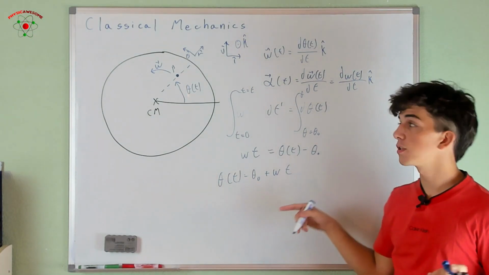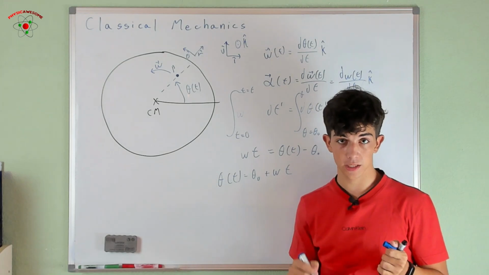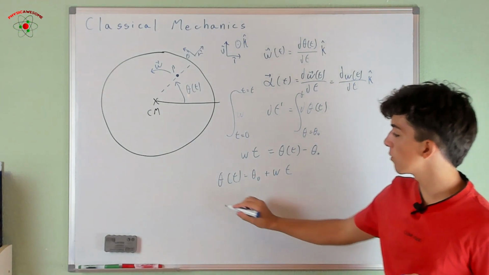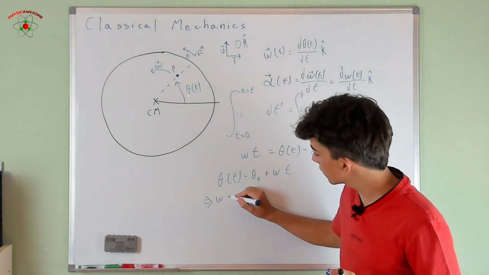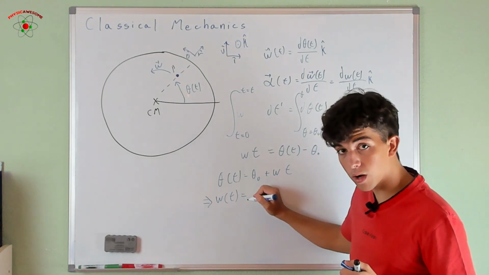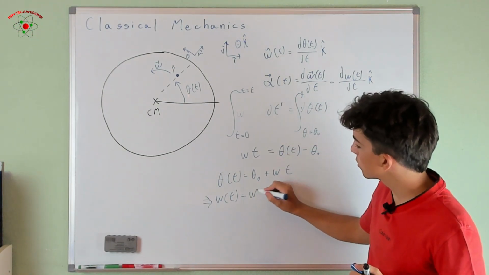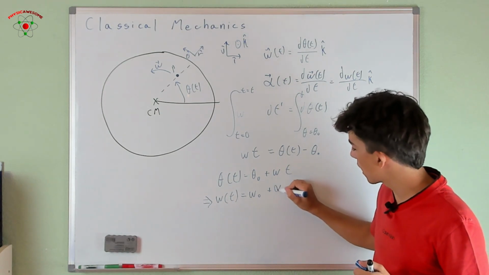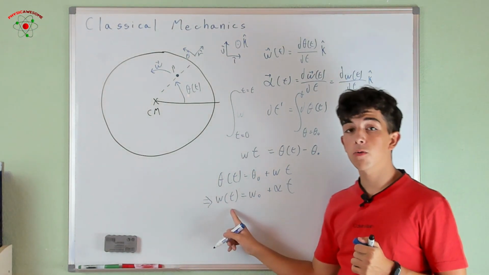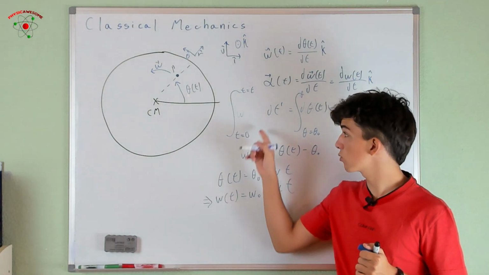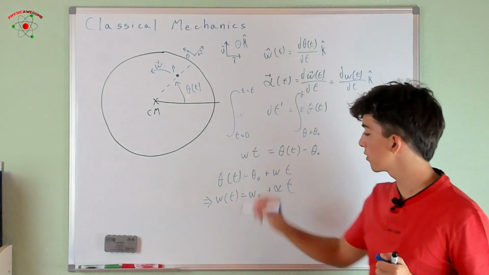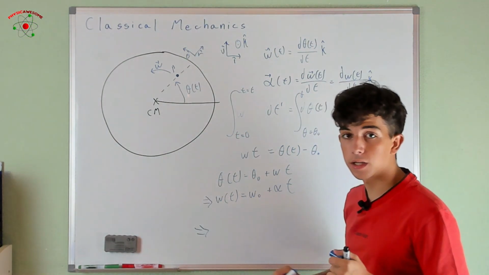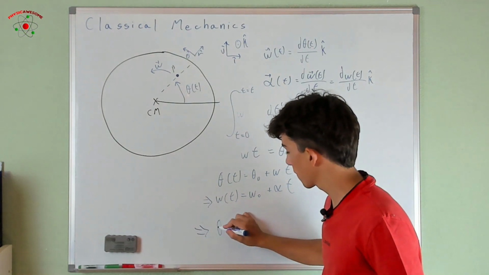However, most of the times we're also going to have some alpha acceleration, and we can carry a similar process to find that w of t equals w0 plus alpha t. Now we can integrate once again this quantity as if we had it over here, and we will find the final formula.